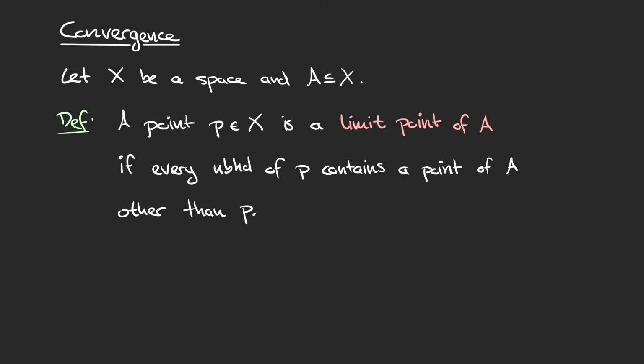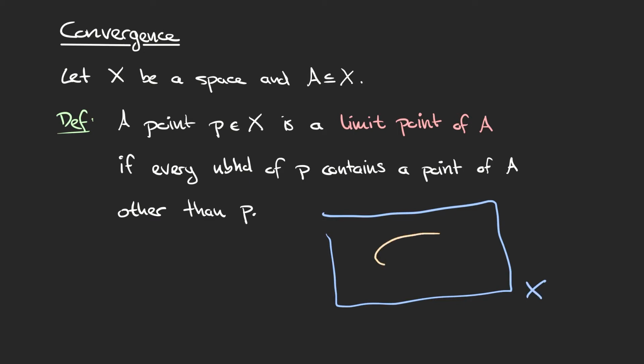Pictorially, the situation is as follows. So we have some large space X, and then we have some subset A of that space. So we take some point P in X, which may not lie in A, but could be very close to the set A. So this would be P. Now, to check whether this is a limit point or not, we need to consider all the neighborhoods around P and see whether they intersect A in a point other than P itself.